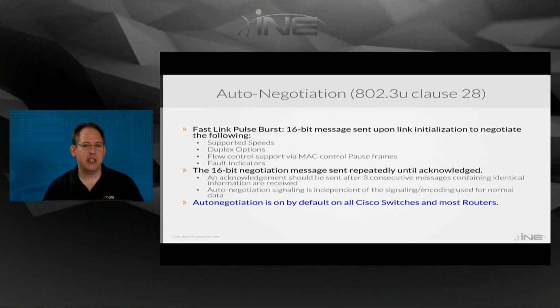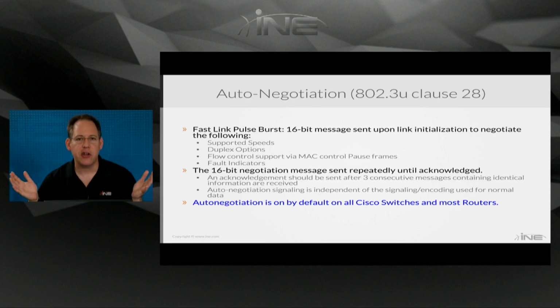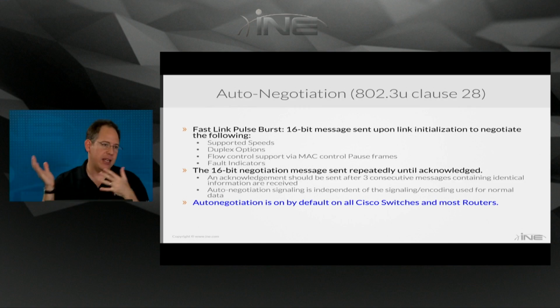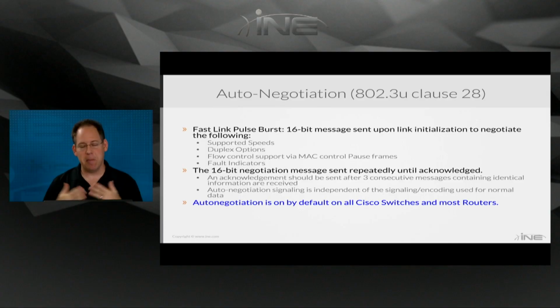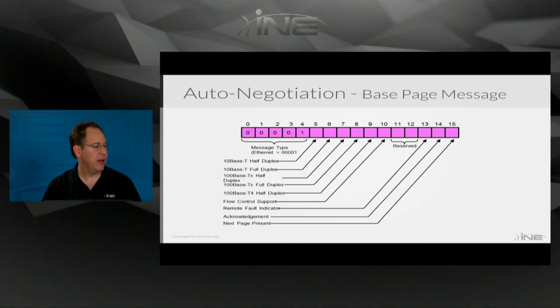Auto negotiation these days is on pretty much everything. So any NIC card you get on a laptop or a PC or a router or a switch is most likely at minimum going to be a 10-100 NIC card, capable of 10 or 100. Many of them these days are 10, 100, 1000. And how they are able to negotiate is by sending out this fast link pulse message.